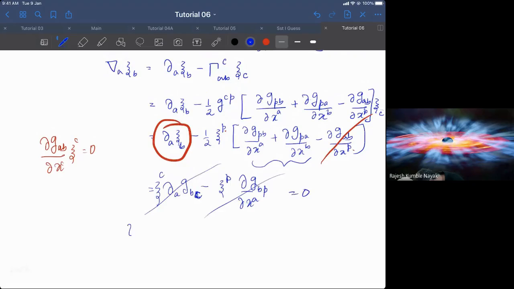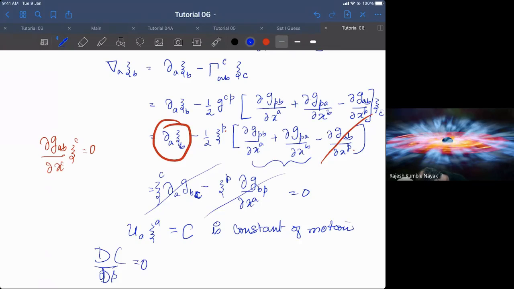We just proved that U^A xi_a is equal to C, a constant of motion. Constant of motion means its directional derivative along the curve is 0, or it is a conserved quantity, whichever way you want to say. So this is essentially Noether's theorem, what we have in the Lagrangian, generalized to any space-time.